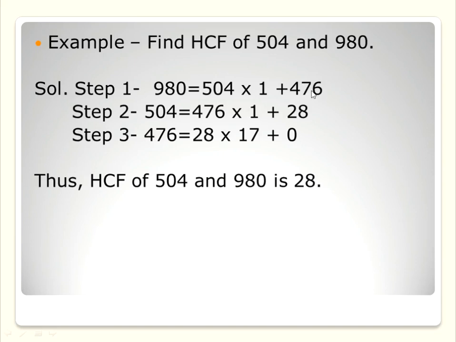Now considering the divisor 504 and the remainder 476 and applying the division algorithm again, we get 504 equal to 476 into 1 plus 28. Now considering the divisor 476 and remainder 28 and applying the division algorithm again, we get 476 equal to 28 into 17 plus 0. Here remainder becomes 0, so HCF of 504 and 980 is 28.